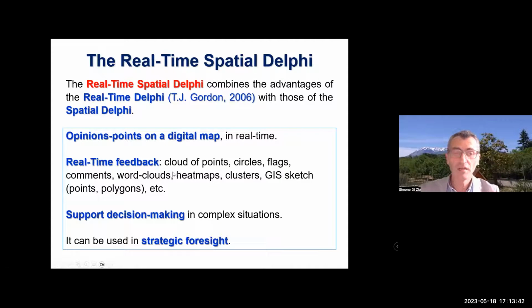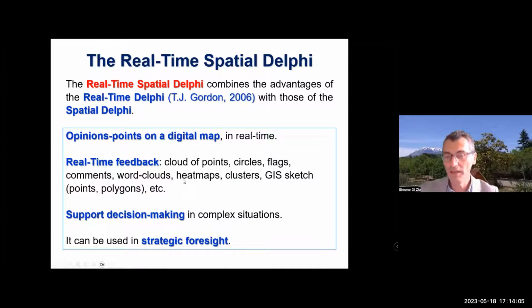And the interesting thing is that in real time, we have a lot of interesting feedback, because we have the clouds of points, we have circles, we have flags, we have comments of the experts. These days, we are also implementing word clouds that are a synthesis of the comments of the experts.